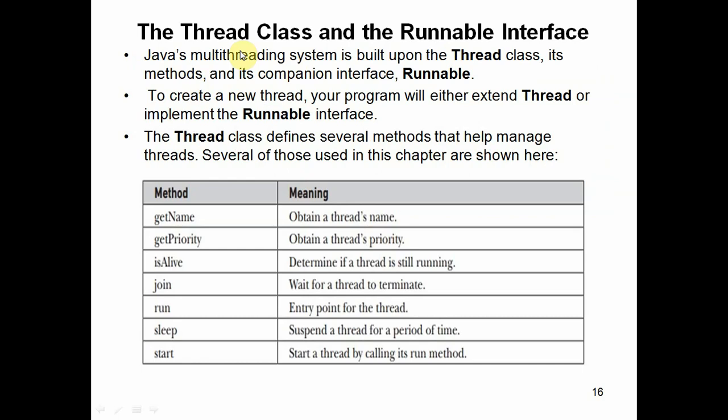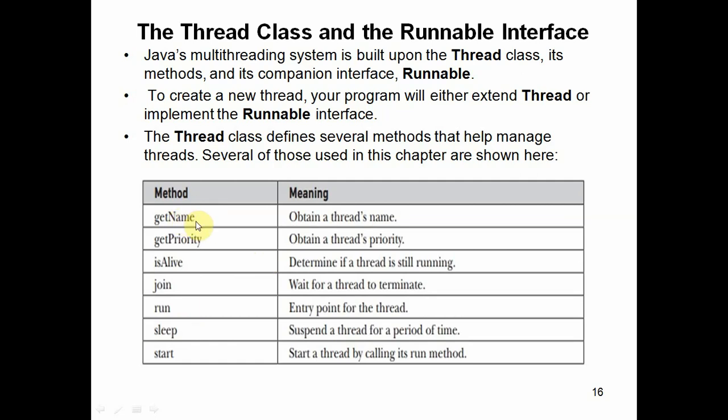Then two important things for creating threads: one is the Thread class, another is the Runnable interface. Thread is a predefined class in the java.lang package that is used to create threads. The Runnable interface is also present in the java.lang package and is also used to create threads. The Thread class has some important methods, which we will see in detail later.